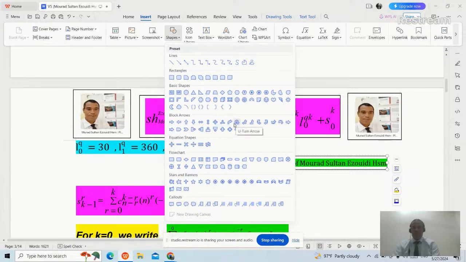Not only this formula, in fact there are many formulas that deal with solving polynomials to the power 4, 5, 6, and 7, and these formulas have also been created by your teacher Mourad Sultan Ezouidi.